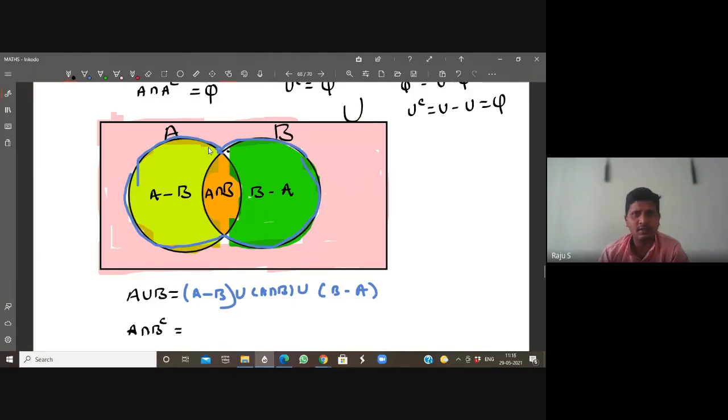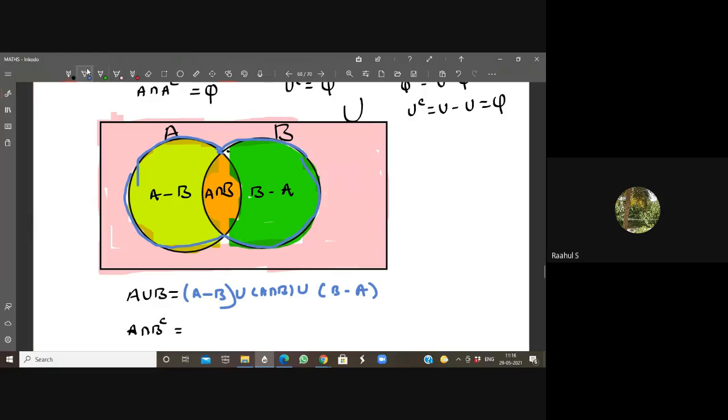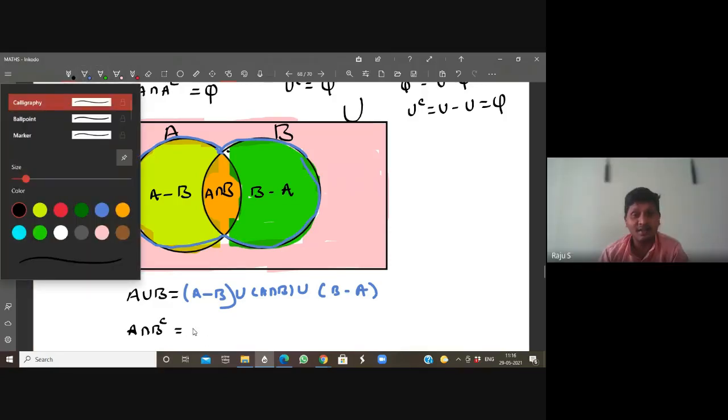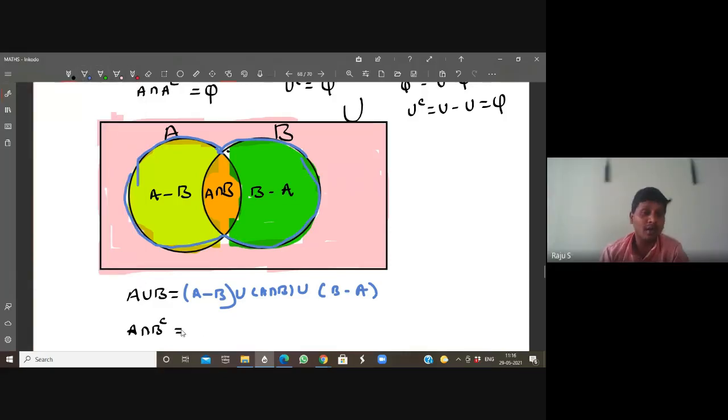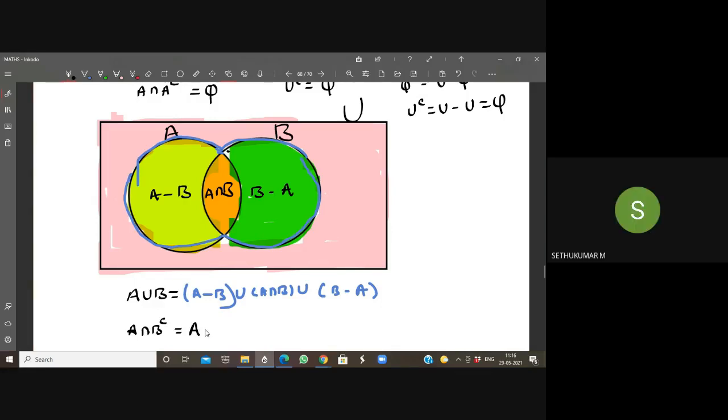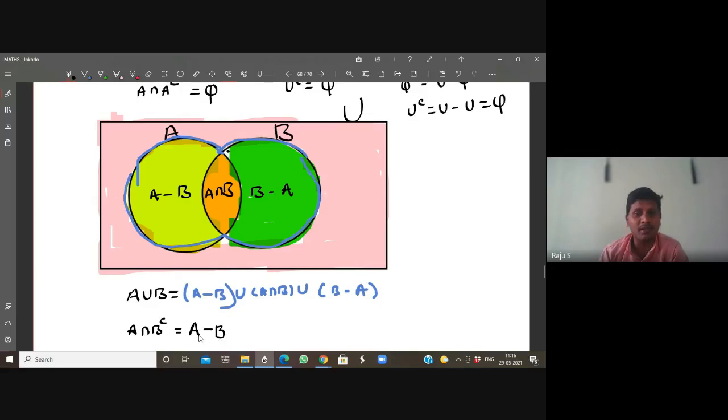Green. Four colors are there. Answer, sir. Is it equal to all of A? A minus B, sir. A minus B, very good. A intersection B complement is given by the A minus B region.